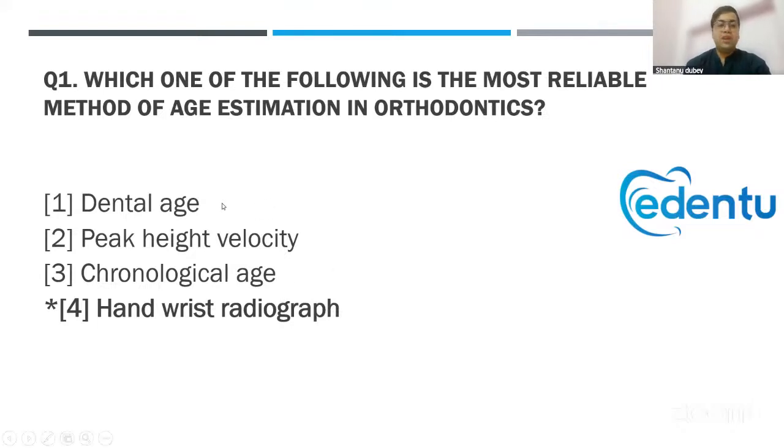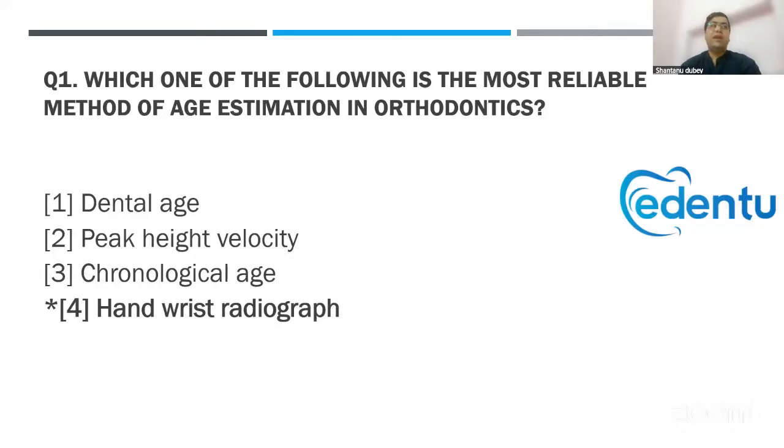Okay. Now dental age. You will find a patient who has a molar erupted much sooner than the actual ideal age, right? Similarly, you might have a patient who shows tooth eruption much later.